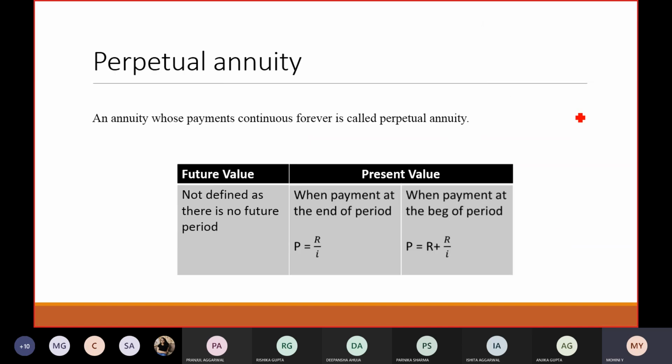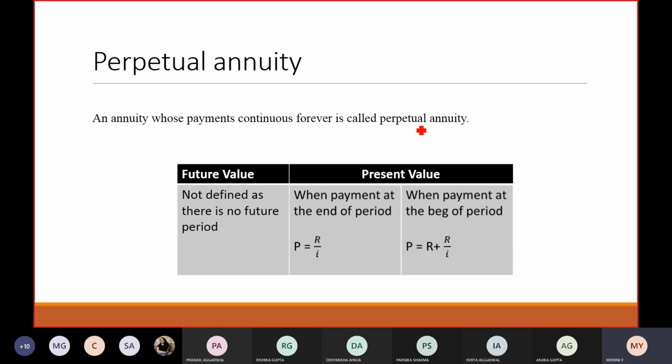So next is perpetual annuity, and this is the 5th type. So perpetual annuity is basically whose payments are to continue forever. In the continuous, it was compounded continuously, but there was a fixed period. In perpetual annuity, there is no fixed period. It is continuing forever till eternity.